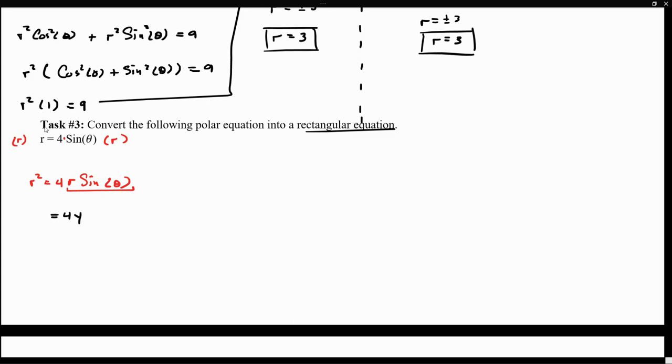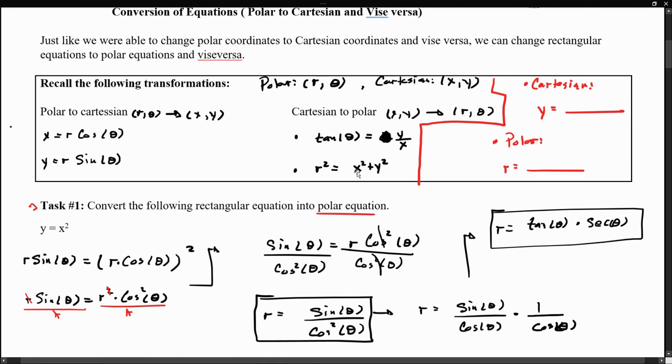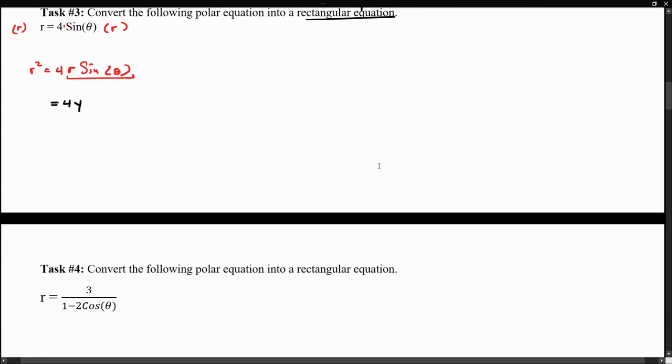But notice that r squared is equivalent to x squared plus y squared. So we're going back to our problem. r squared is equivalent to x squared plus y squared.